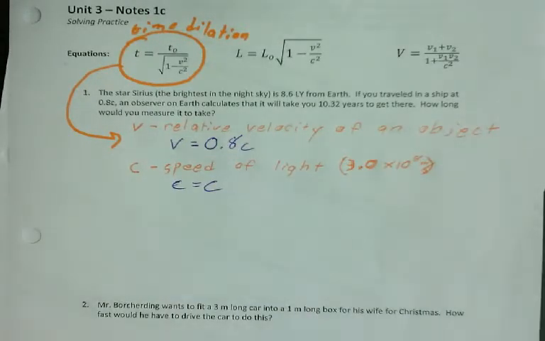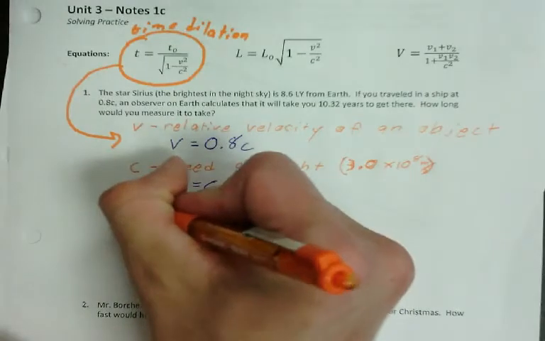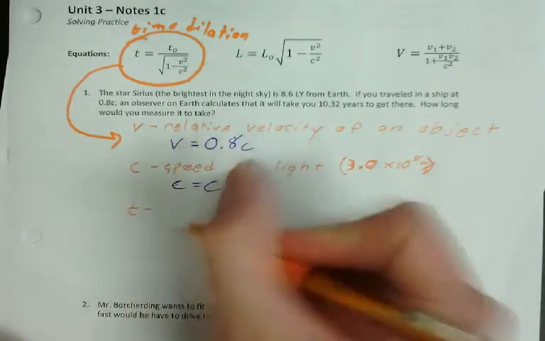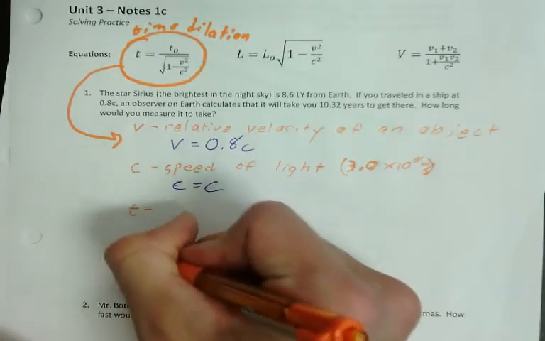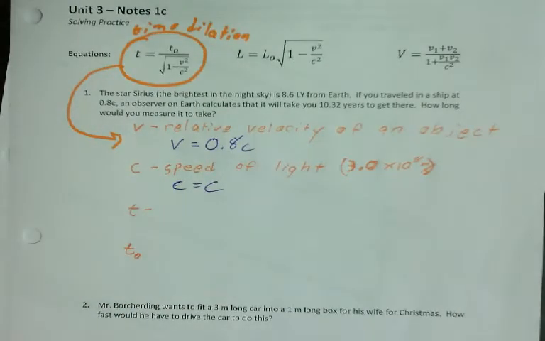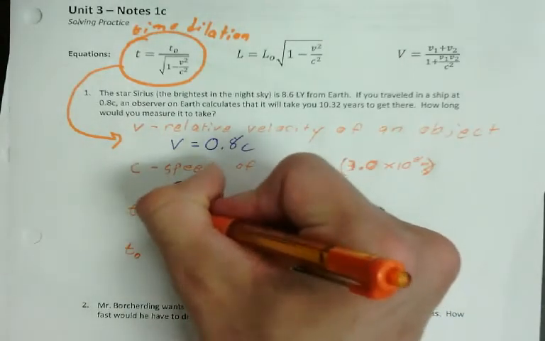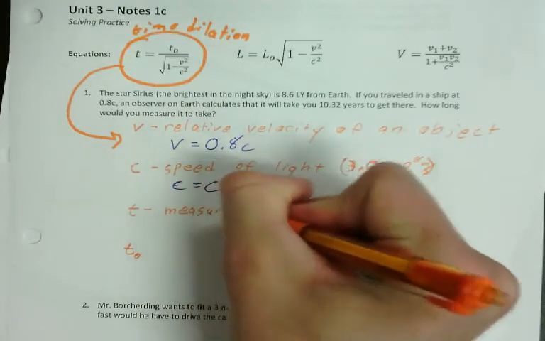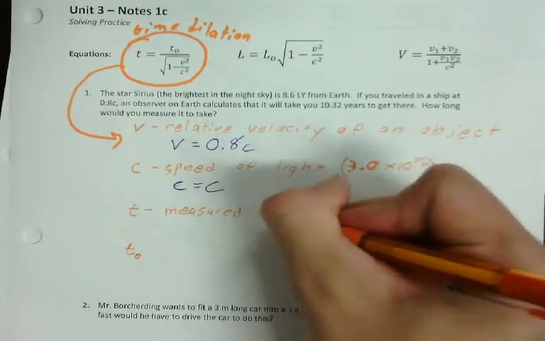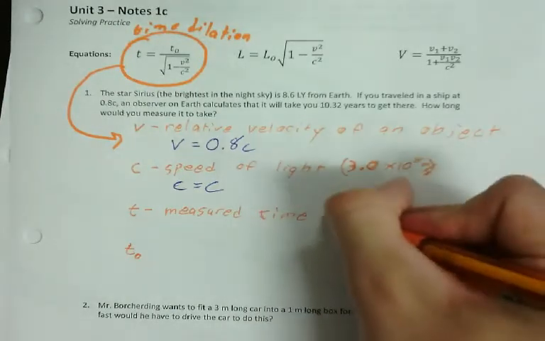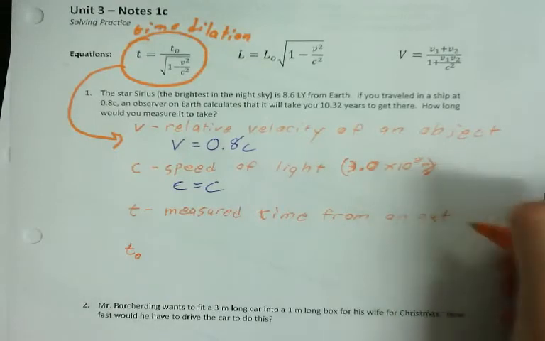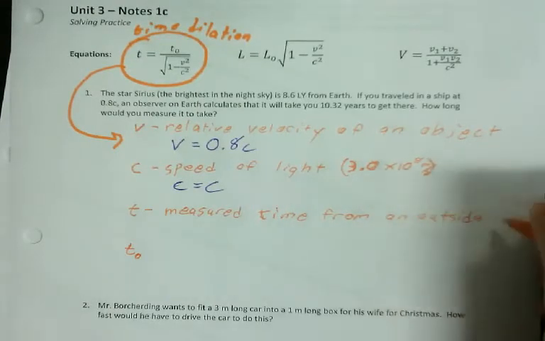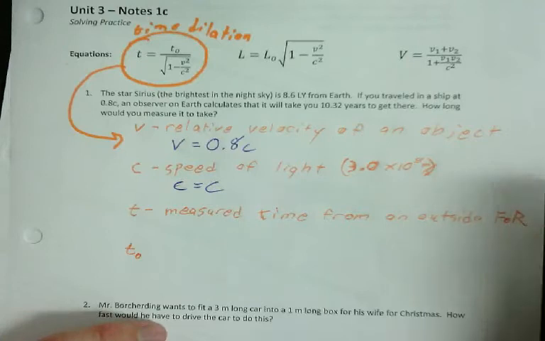Okay? Here are the hardest 2 to figure out, t and t naught. Now, it's pronounced t naught, not t zero, and it's not t-o. So let's start with what t is. t is the measured velocity, or sorry, the measured time from an outside frame of reference.